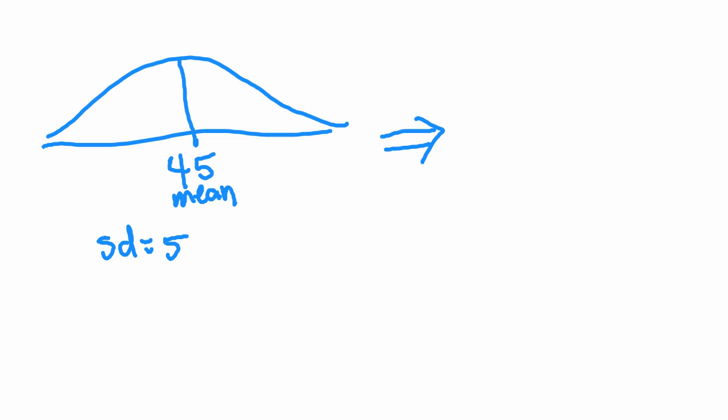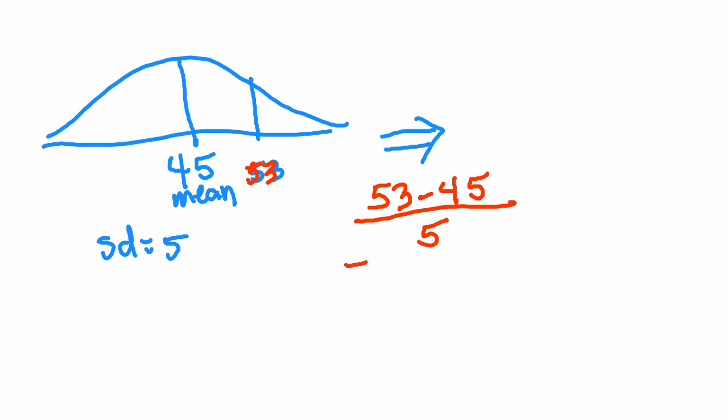So let's take, say, 53, and find the z-score for it. We take our score minus the mean, divided by the standard deviation. That's the z-score. I'm going to do that on my calculator. So that's going to be 1.6.